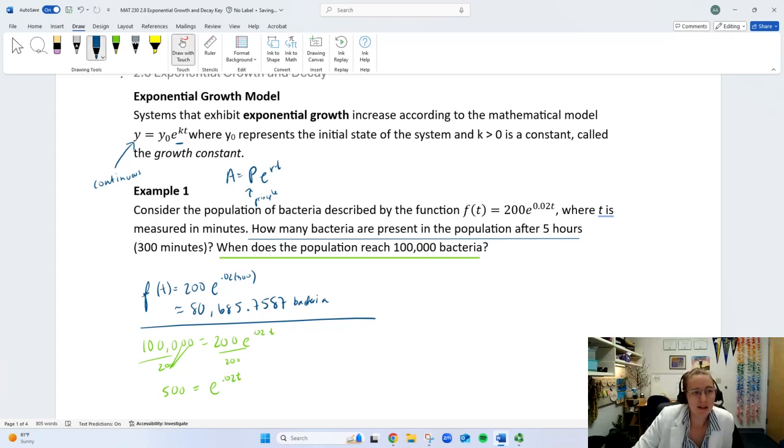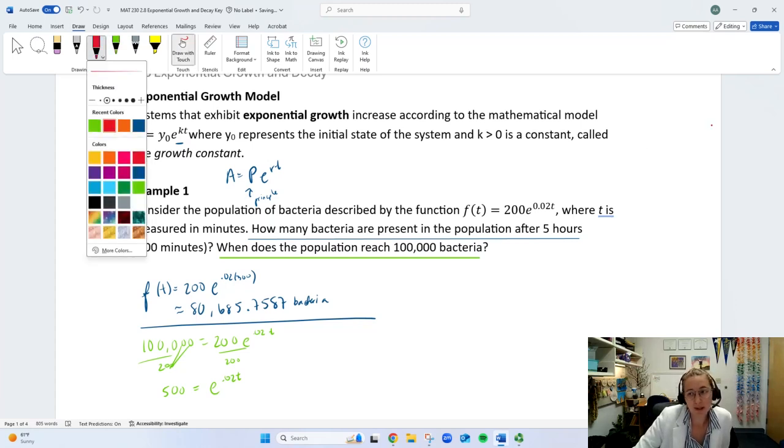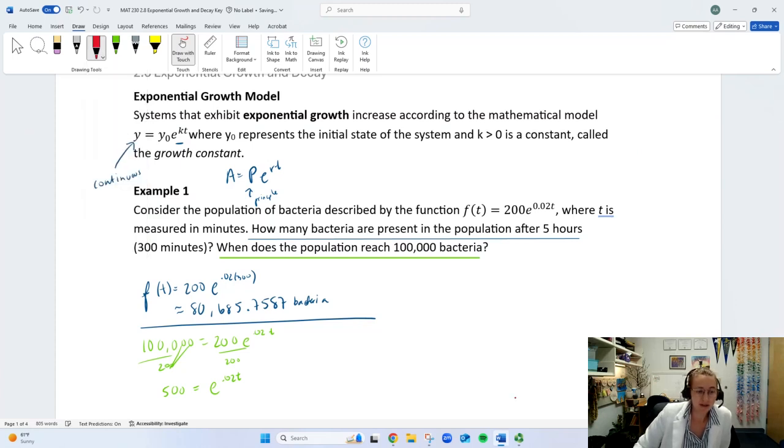Now this is where ln's are super, super useful because they are inverses of this natural log of e. So if I was just going to say ln of x, that's the same thing as saying log base e. So this e that is our base and ln will cancel each other out. I can do that on both sides.